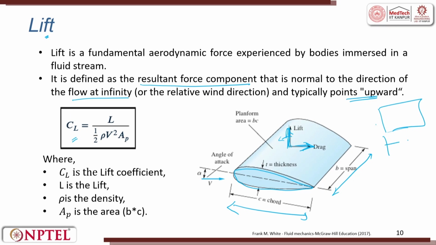So, this calculates the area B and this calculates the area C, but in reality you have a curved surface. So, whatever lift coefficient we find out is a generalized one.